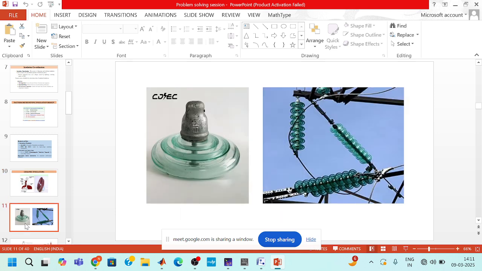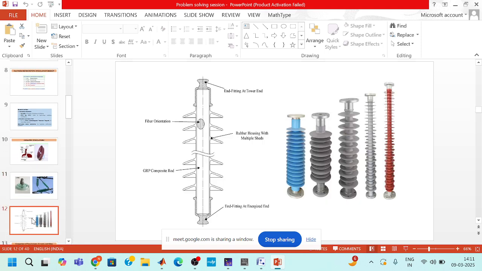Next is the glass insulators. How do they look? You can see in the diagram, glass insulators are made of glass, and they are very brittle in nature and very delicate. Now third is polymer insulators. This is the diagram of the structure of polymer insulators, in which we see end fittings at the tower end and at the energized end.